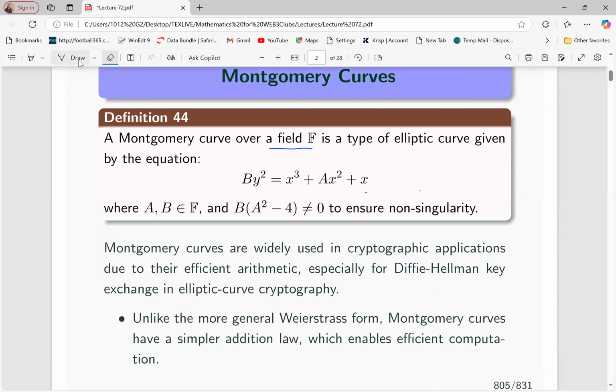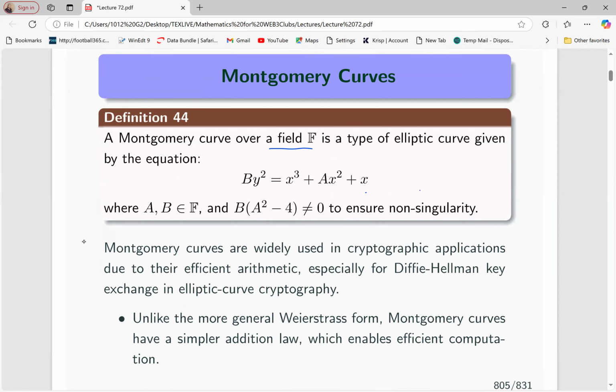And why are they used in real life applications? We say it's due to the efficient arithmetic, and we'll be seeing how it's easy to add points in the Montgomery curves. And then there is also the Diffie-Hellman key exchange. Again, it's easy in these Montgomery curves as opposed to the other curves.